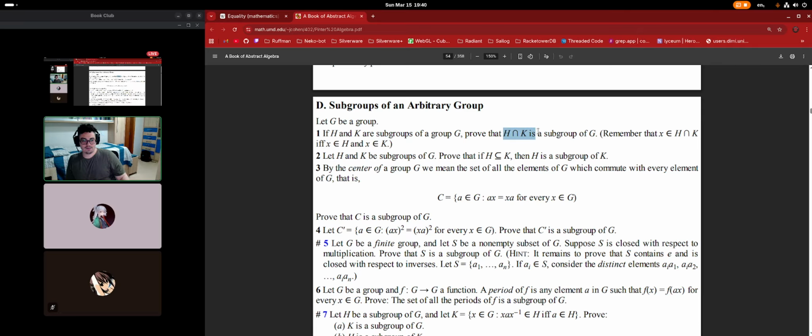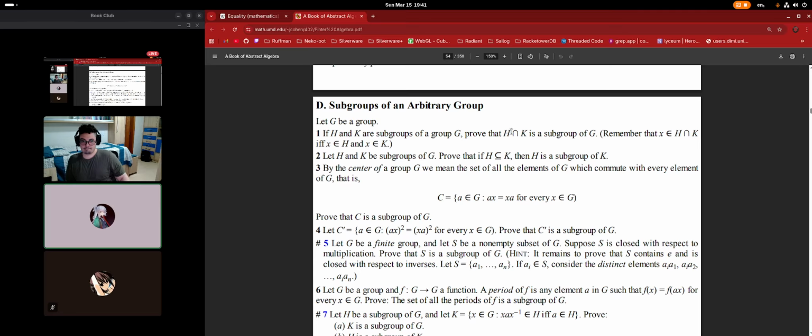Do you agree that this is a subgroup of H? Well, you kind of have to prove that, actually. No, sure. It's just because the intersection is always going to be a subgroup of its parents, no?